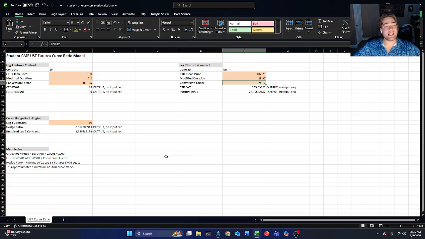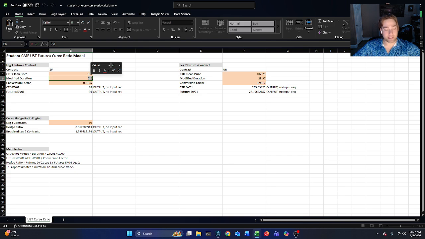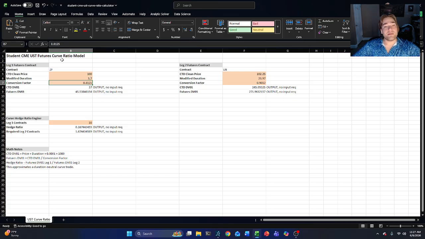So what you'll see here is we input, it doesn't matter if the longer or shorter durations first, the calculator will still work, but the calculator gives cleaner numbers if you put shorter duration here. You input the data here. Let me just make this more accurate with like a 3.7 mod. And this shows you your DV01 on each of those futures contracts.